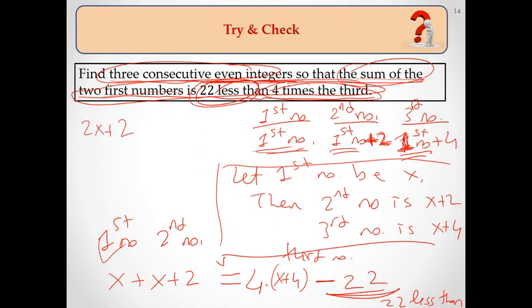2x + 2 is equal to 4x + 16 minus 22. If you send these here and these here, you will end up with 2x equal to 8, I guess. Yeah, it will be 8. You can check it.